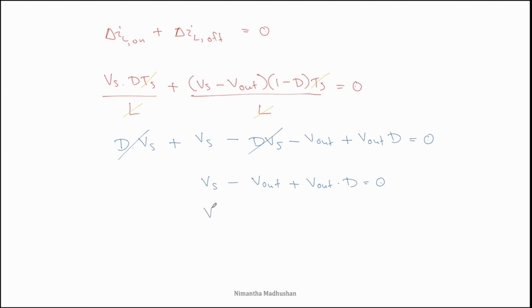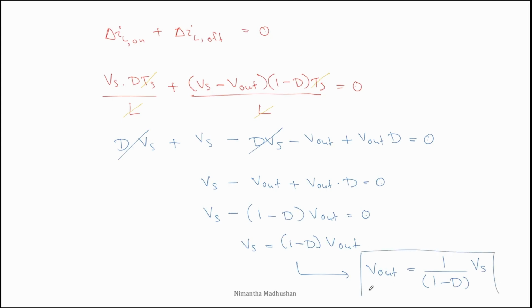From these two, we can get Vs minus 1 minus d into Vout is equal to 0, and Vs is equal to 1 minus d into Vout. And from this, we can get Vout is equal to 1 over 1 minus d into Vs. This is the equation for output voltage of the boost converter.